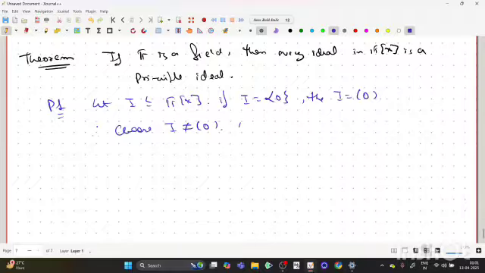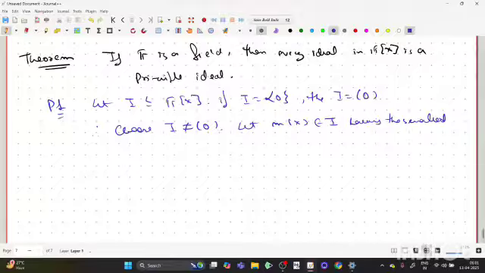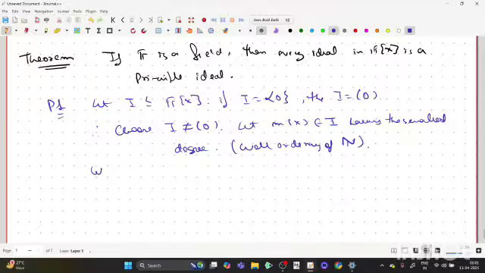Let m(x) be an element in I having the smallest degree. Why can I choose the smallest degree? Due to the well ordering principle of the natural numbers, because the degree is a natural number. Okay, this is possible due to well ordering. We claim that I is generated by this polynomial itself.